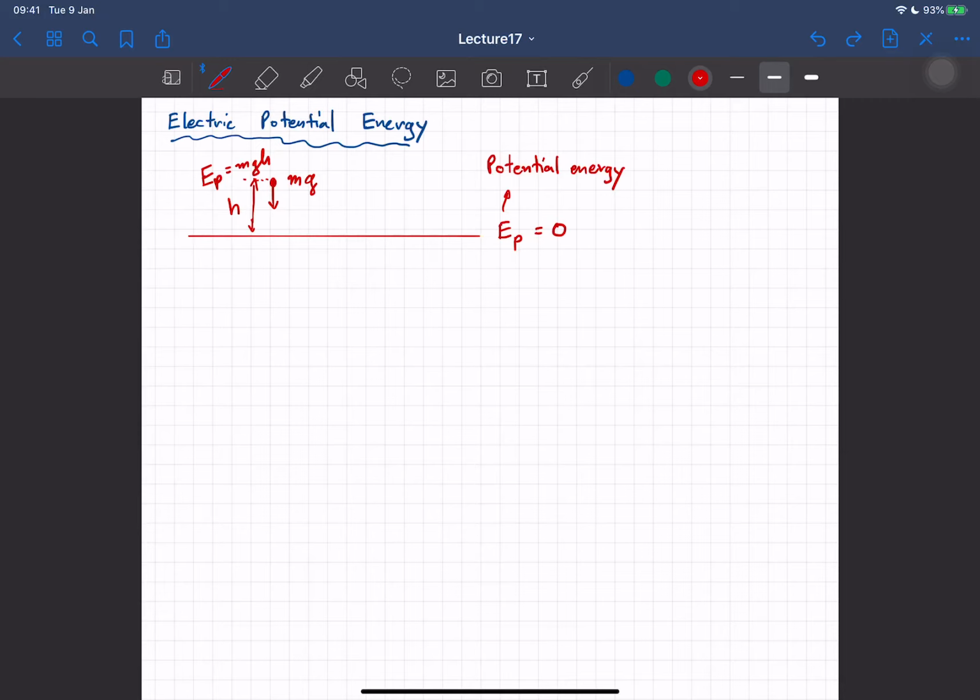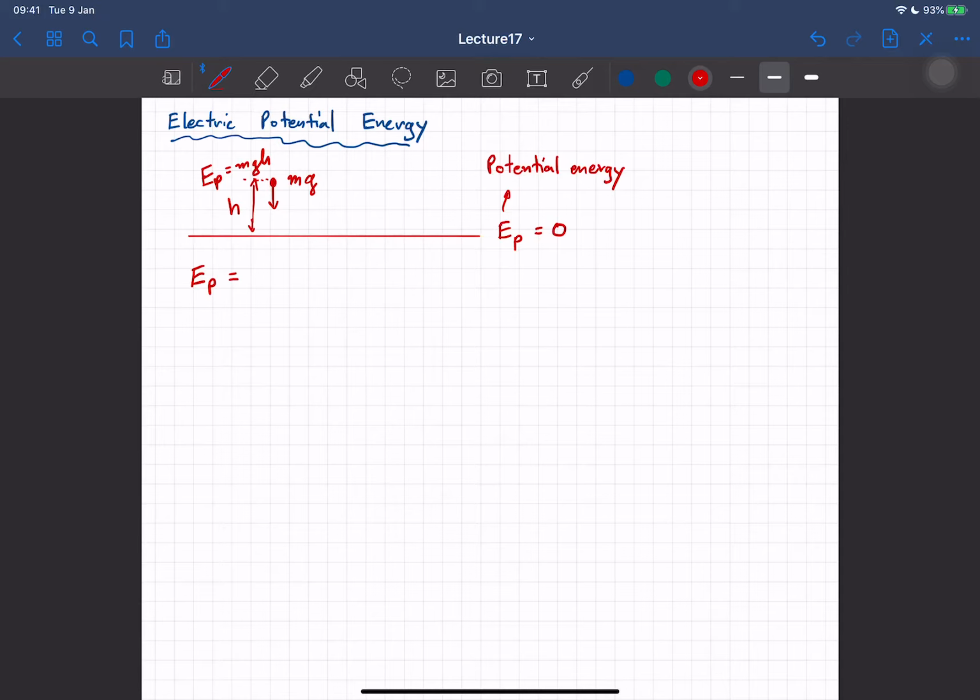I'm not sure if you remember, or maybe one of you had an instructor in physics 1 who did some kind of derivation, but usually the way to find the potential energy EP is by integrating the force.